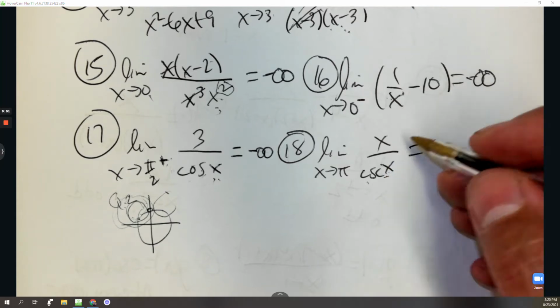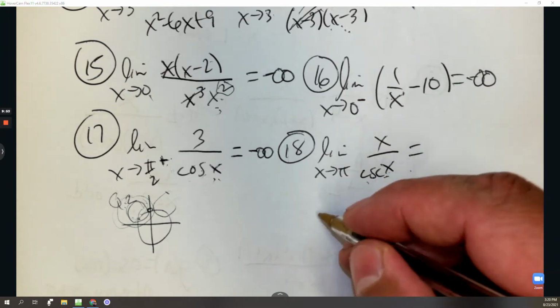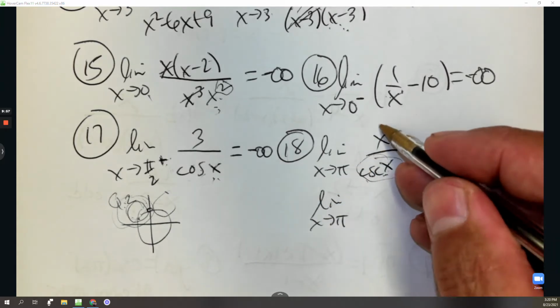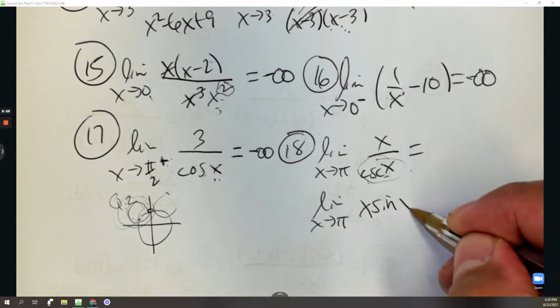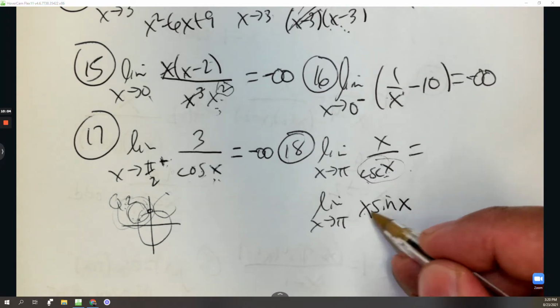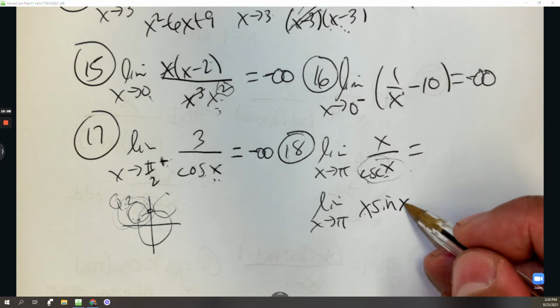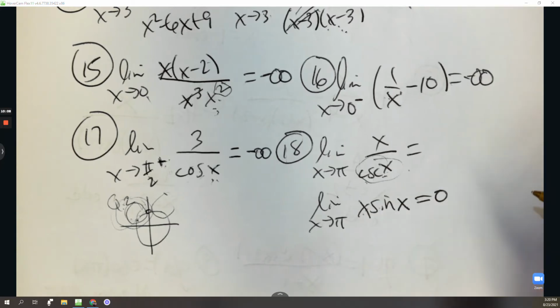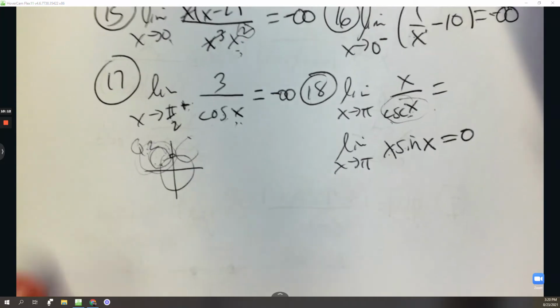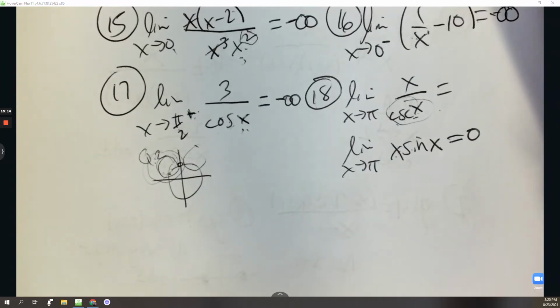We could write cosecant as the reciprocal, sine. So we could write it like this: the limit as x approaches pi of x times sine x. And when I plug in pi, the value of sine at pi is 0 times pi, which is 0. Pretty tricky, right? You need to know some trig identities there. Number 19.